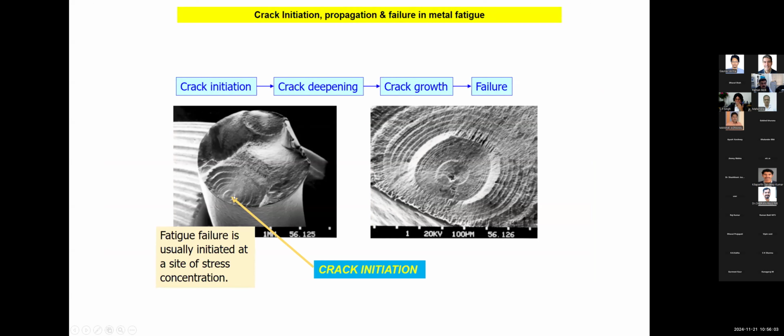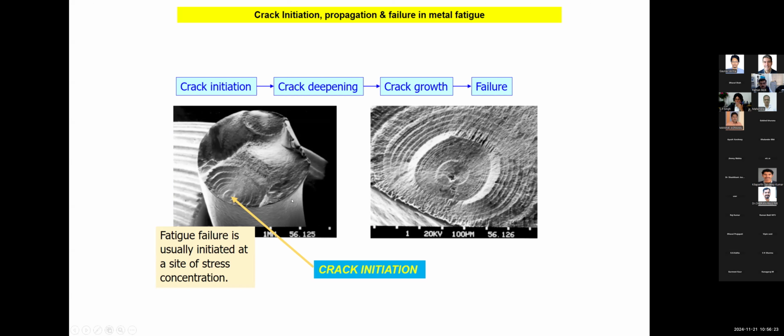Initially, in the case of metals, you have a stress raiser, and then the crack starts developing as you keep on loading the material again and again, specifically in tensile stress. Tensile stress will cause opening of the cracks. So that is what is happening.